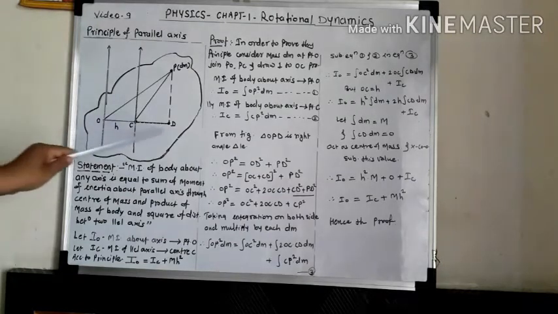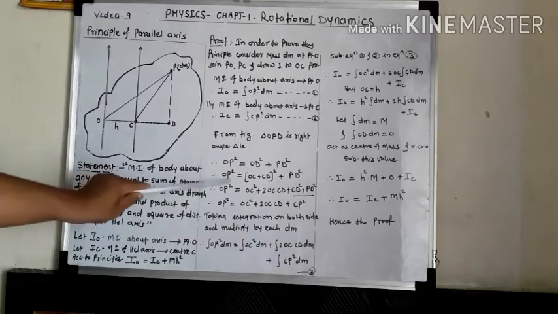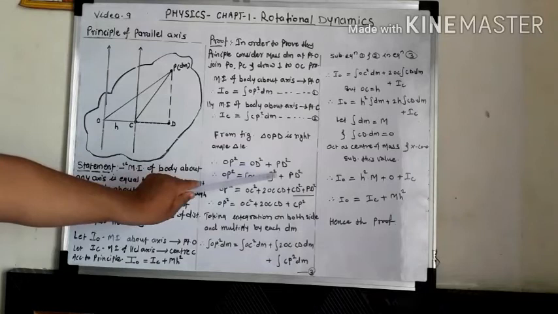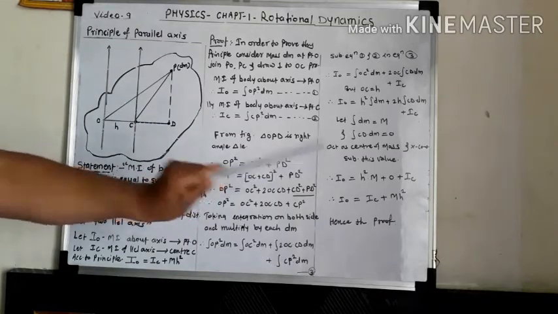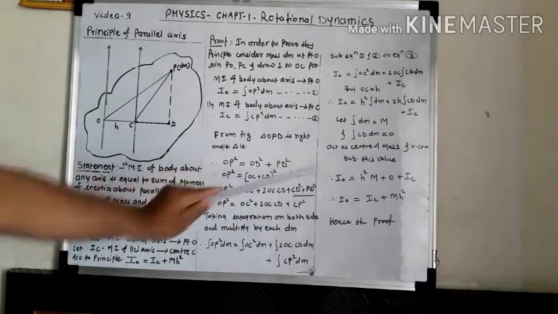Then this OD can be split into OC plus CD. Therefore, instead of OD we substitute OC plus CD, which is the total OD. So OP square is equal to the bracket OC plus CD squared, plus PD square.